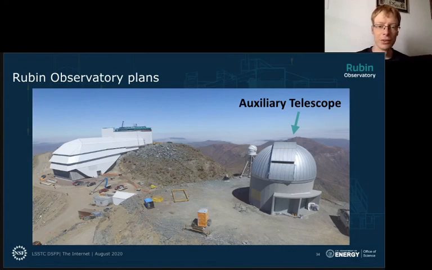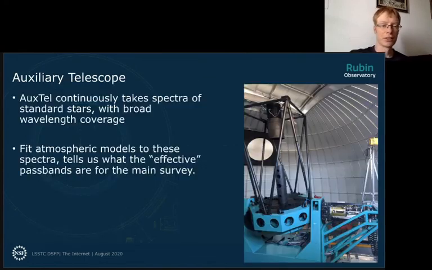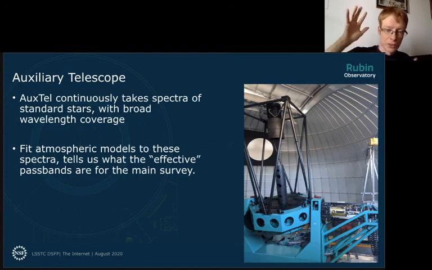And that houses what we call the auxiliary telescope. The auxiliary telescope's goal is to continuously, throughout the night, take spectra of standard stars with really broad wavelength coverage, in order to tell us what the atmosphere is doing through the course of a night and night to night.